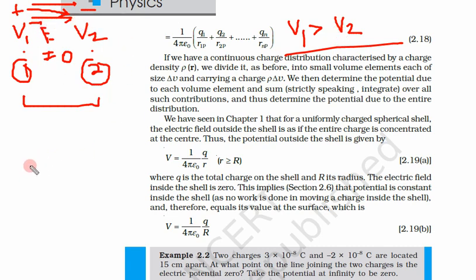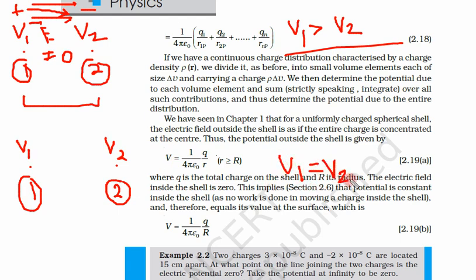Let us take another case. Now we again have 2 points, point 1 and point 2. The potential at this point is V1, the potential at this point is V2, but this time V1 and V2 are both equal. That means potential is constant. Earlier it was a different potential; here it is a constant potential.